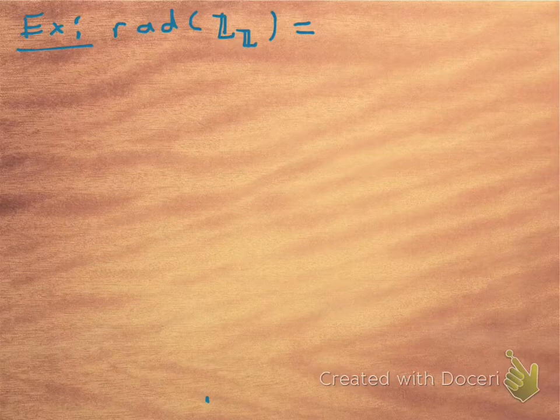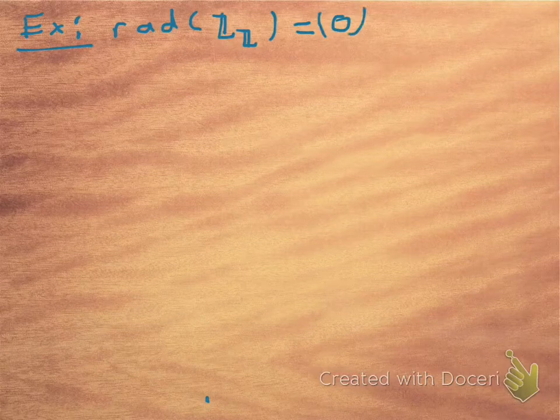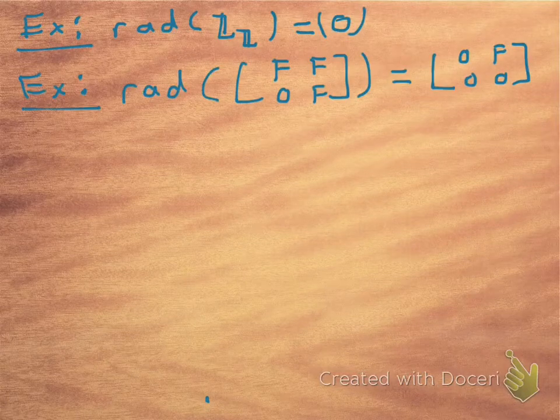The radical of the module Z over itself as a ring is 0. And for example, the radical of the ring of 2 by 2 upper triangular matrices over a field F, as a right and as a left module, is the right-left corner here being F.